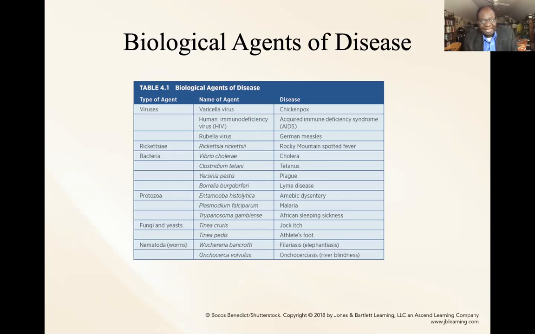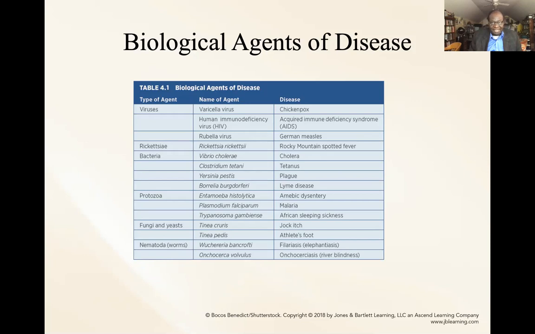Now, biological agents of diseases. You have viruses and the diseases that they cause. Chickenpox is caused by a virus. The human immunodeficiency virus, called HIV.